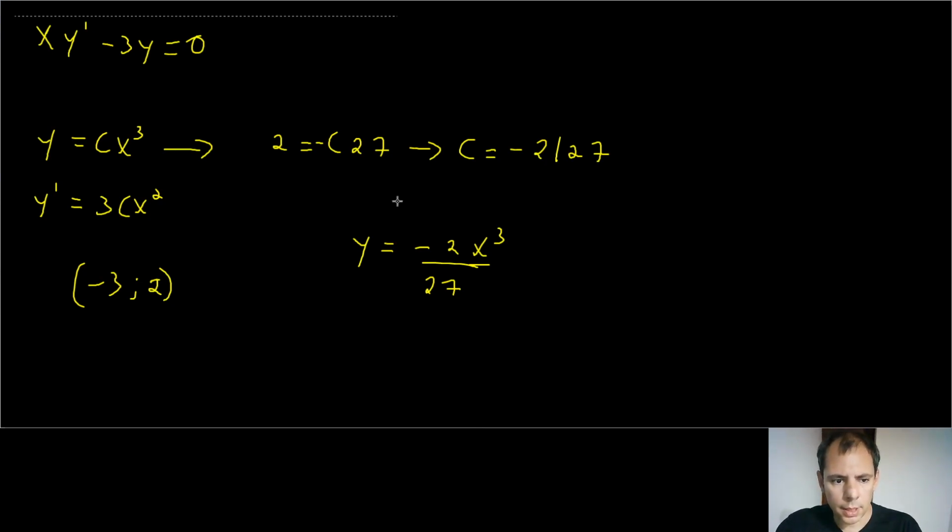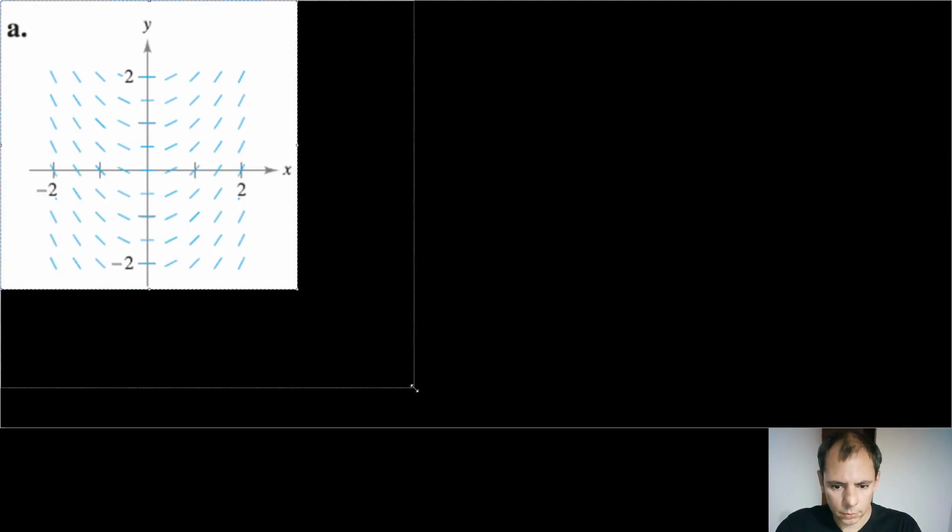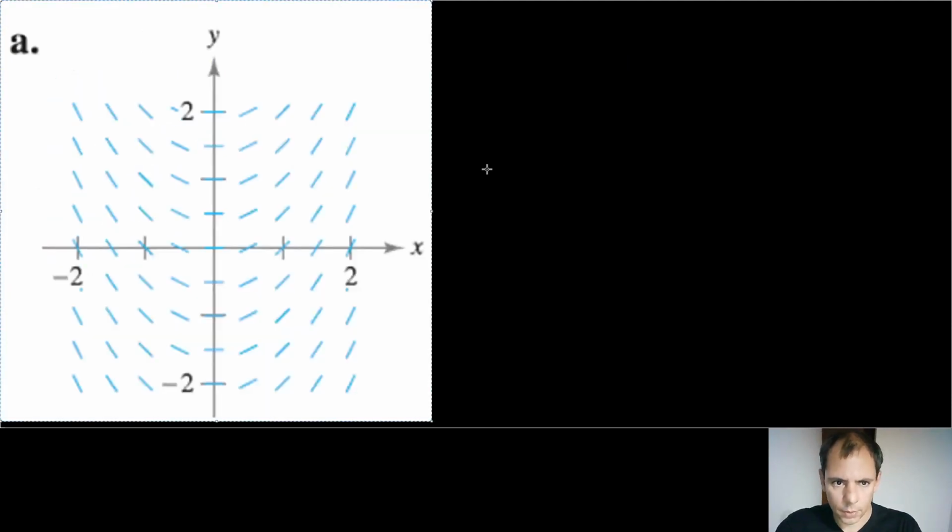Now, here's another exercise. This thing is just asking you for the solution that fits this. This is a field of slopes, okay? So you see that when x is equal to 0, the slope is going to be equal to 0.